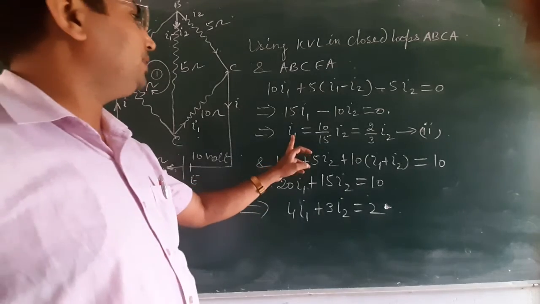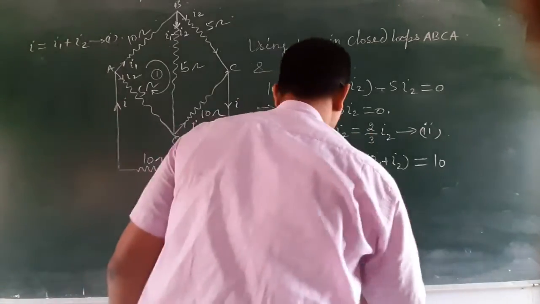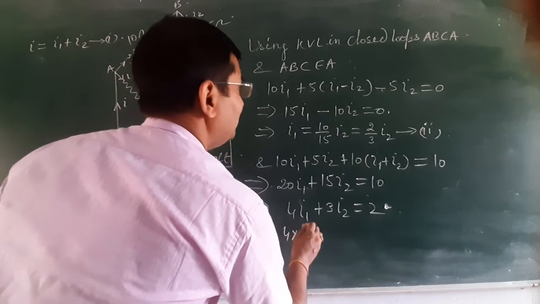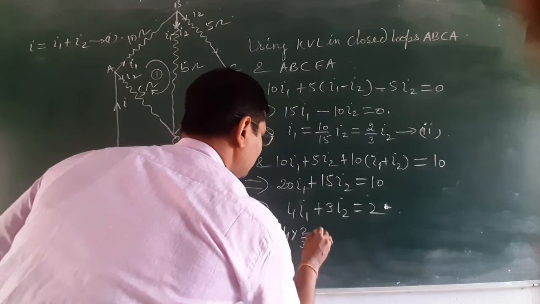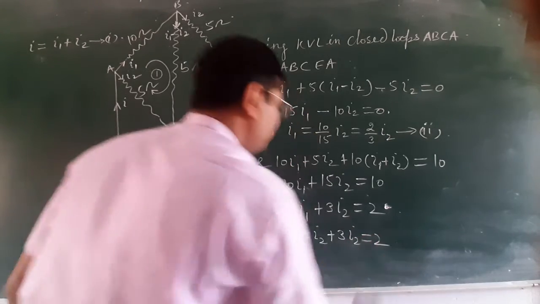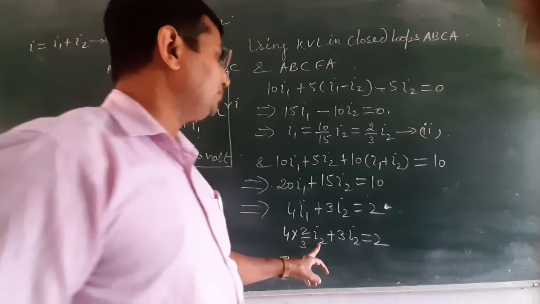But you have obtained the value of I1. I1 is equal to 2 by 3 I2. So put it: 4 I1, I1 means 2 by 3 I2, plus 3 I2 is equal to 2. So this will be 8 upon 3 I2.